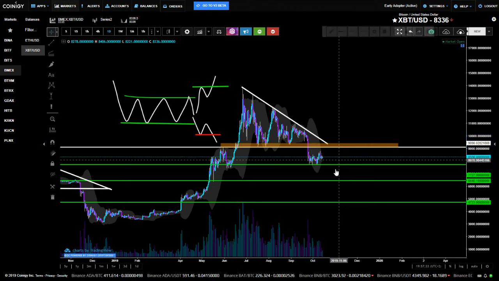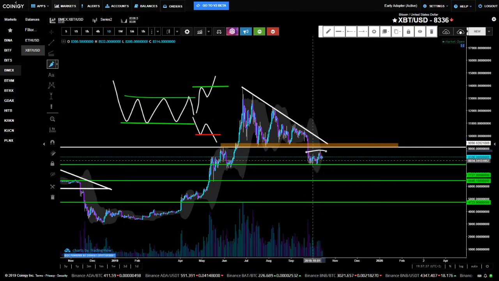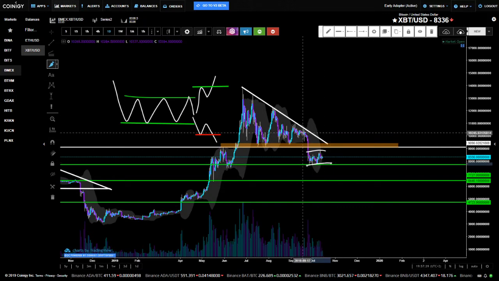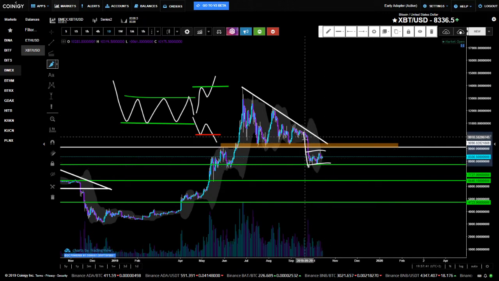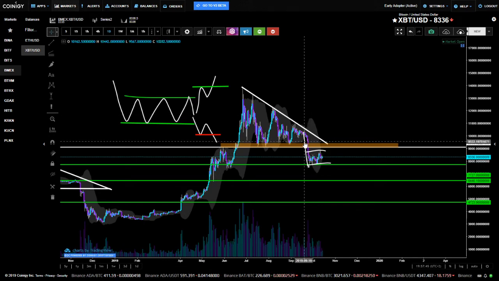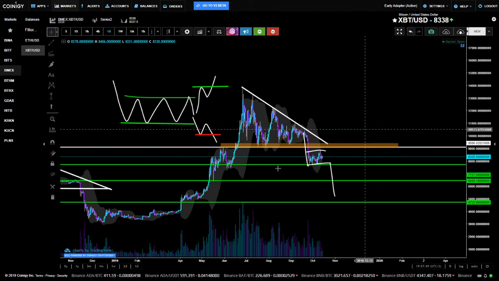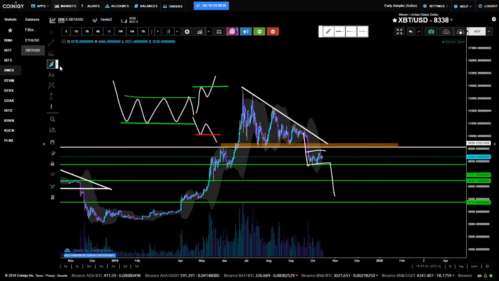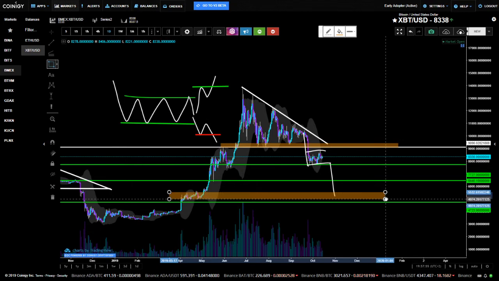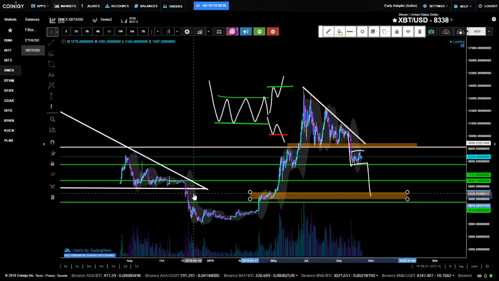So from a bearish perspective, bear flag, legging, and leg down. So bear flag perspective, bringing it to the previous consolidation of around 5,400.